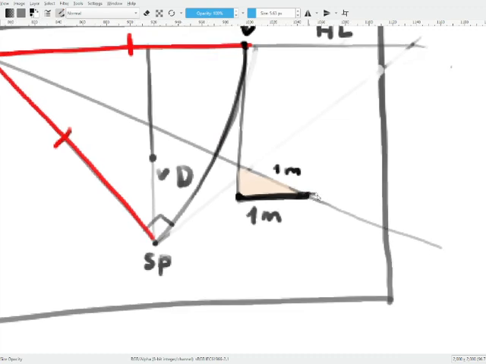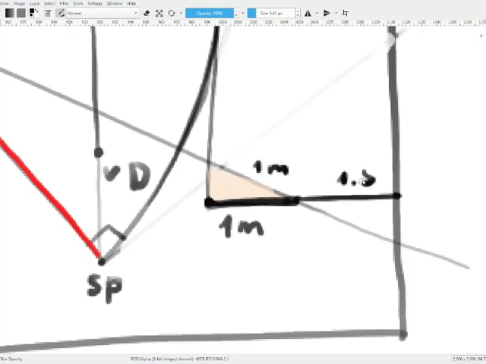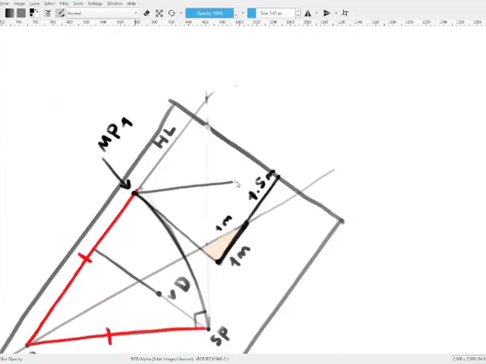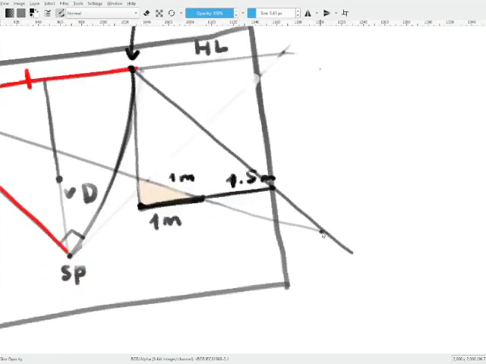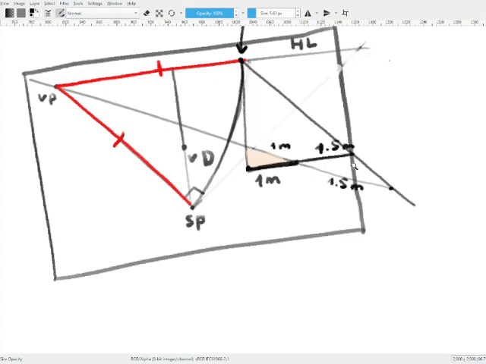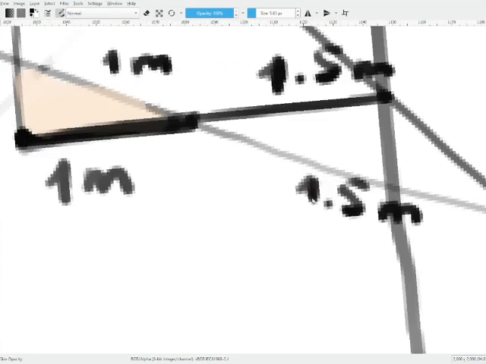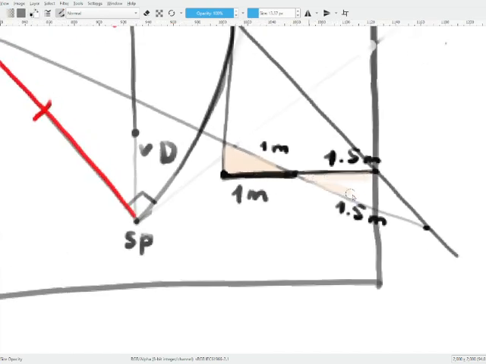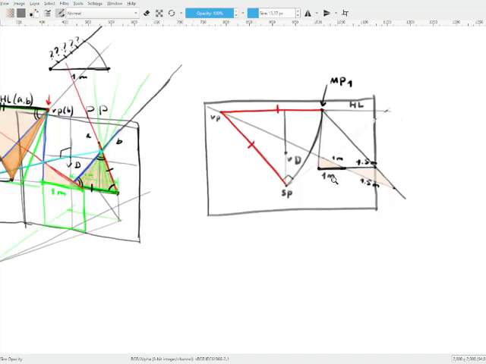For example, you can measure there something like 1.5 meters, and you can use the same measuring point to draw there a projection of a 1.5 meter long line. This is how it works.